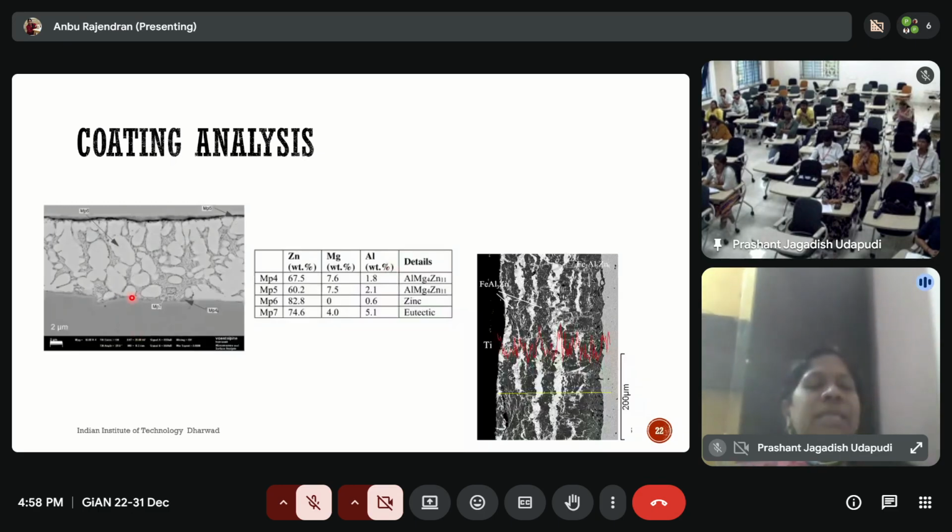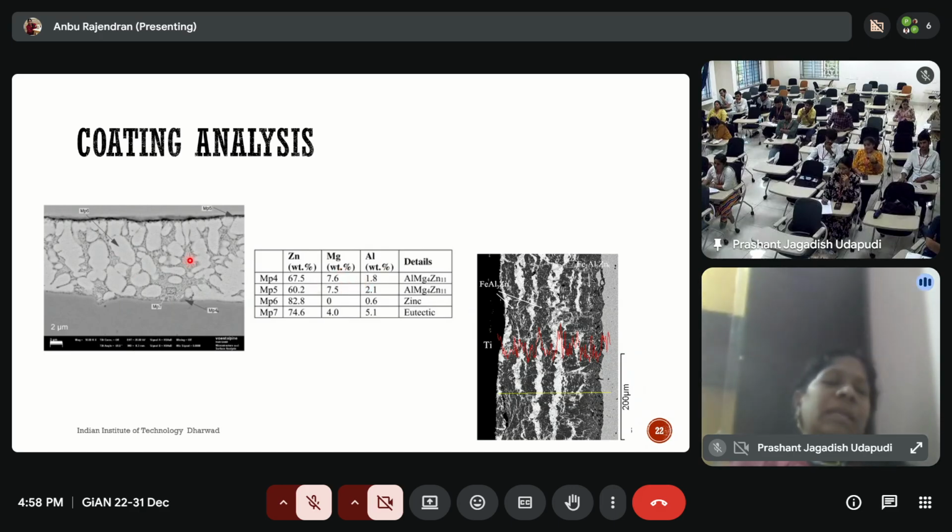This is one of the coating samples. Again, you can see the color contrast differences based on the composition variation within the coating material. If you want to analyze some phases enriched with some component, and some phases depleted of some component, this is the base metal and this is the coating over the substrate. All these things can be measured using SEM EDS analysis.